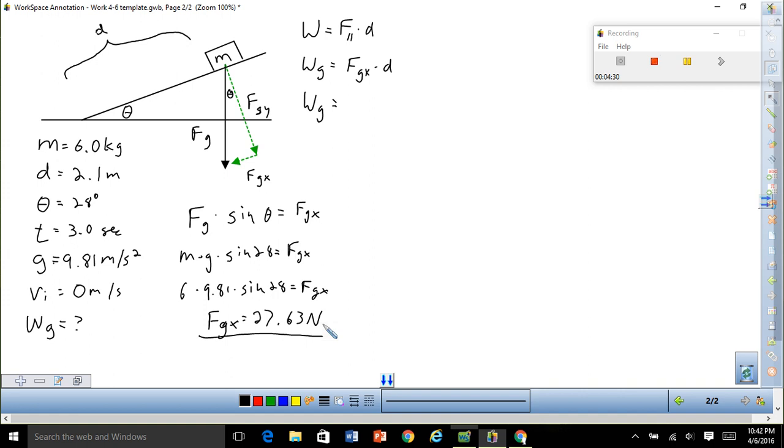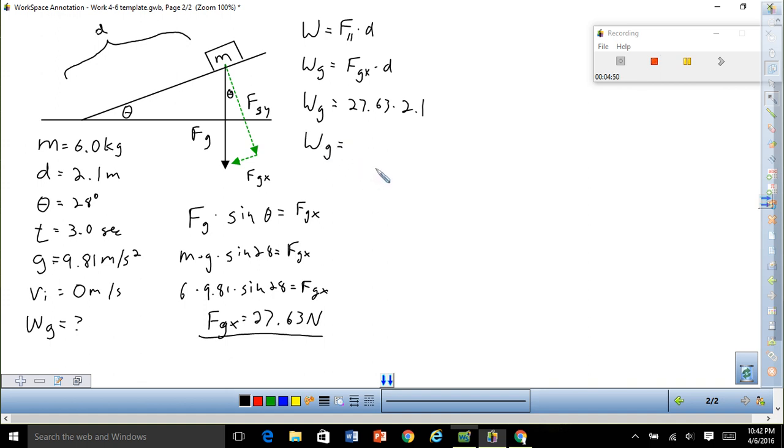All right, excellent. And so we'll bring that up here and substitute it for FGX, 27.63 newtons. And then we'll multiply that by the distance covered, which is listed as 2.1. So times 2.1.